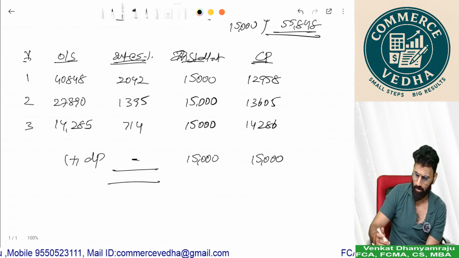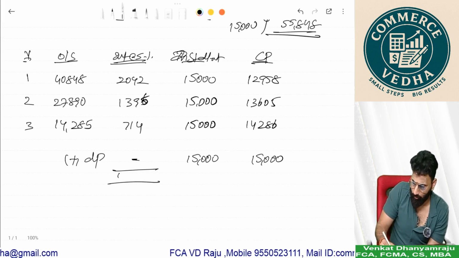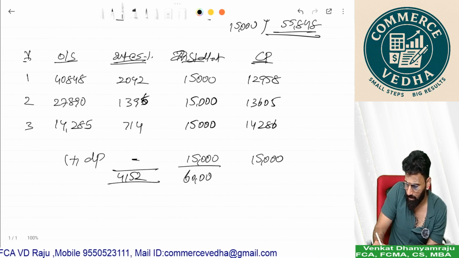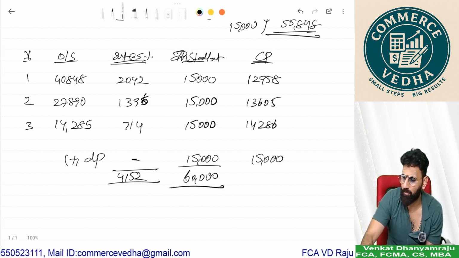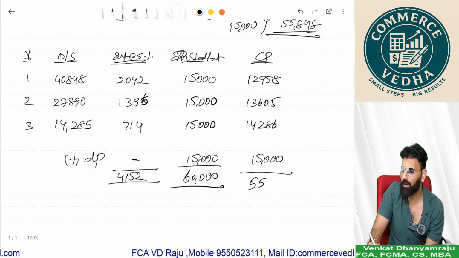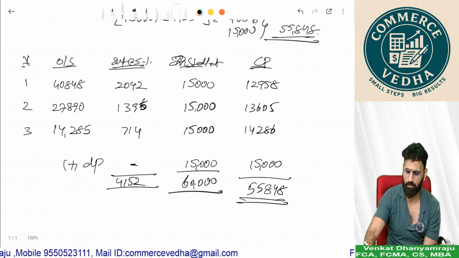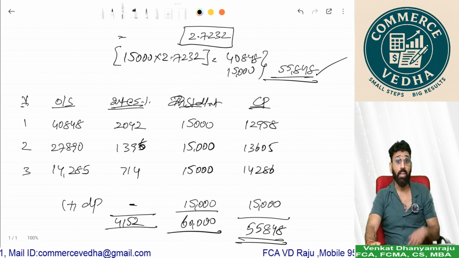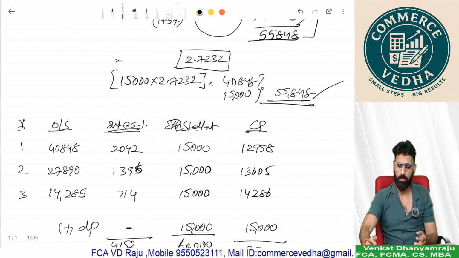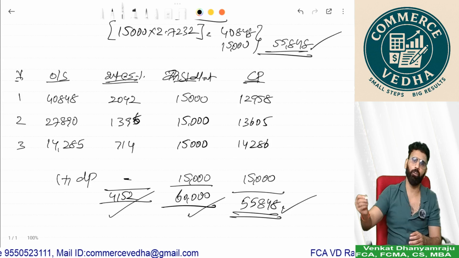Rounded off, I'm just rounding it to 1,396, so 4,152. Hire purchase price 60,000 minus 4,152 gives 55,848, which is this. So this is the annuity method, where nothing is given but still we can compute the cash price 55,848, the hire purchase price and your interest.